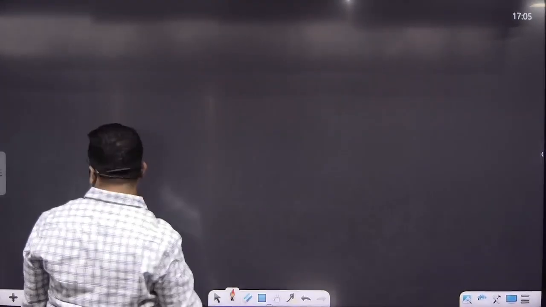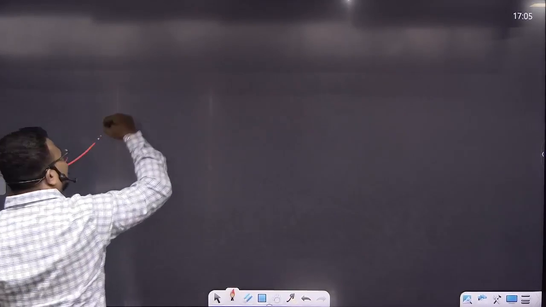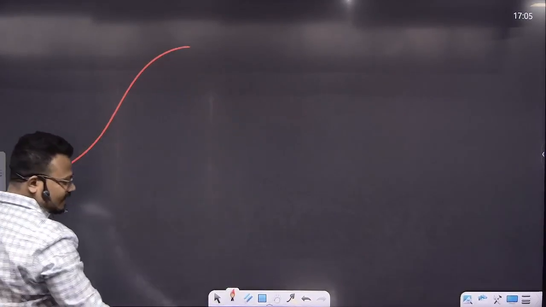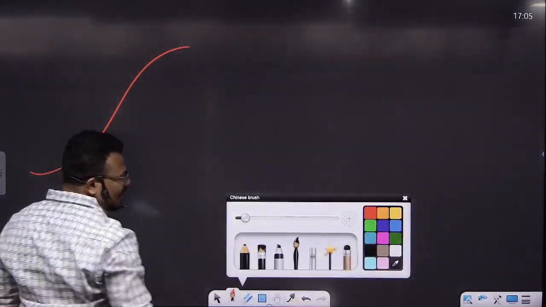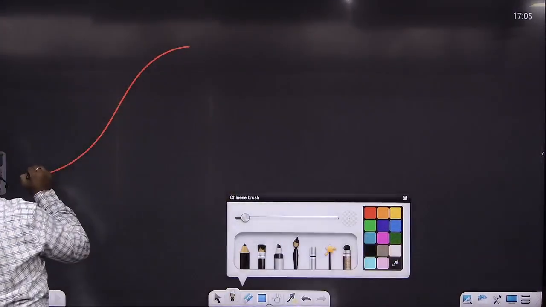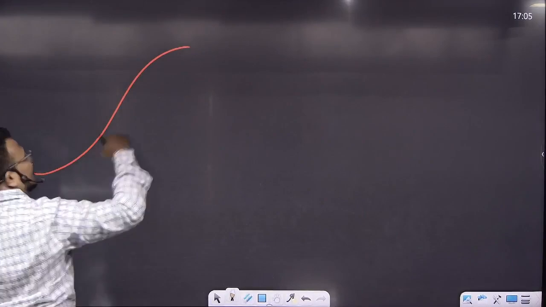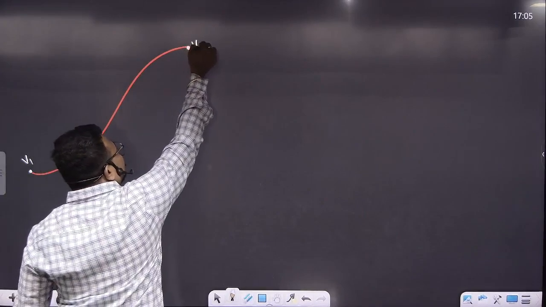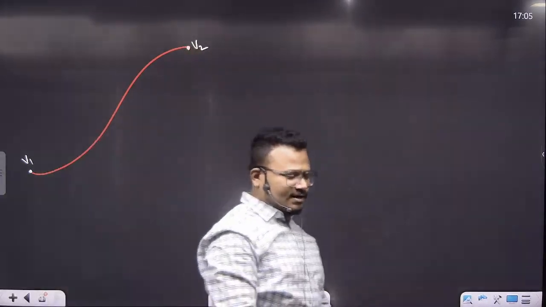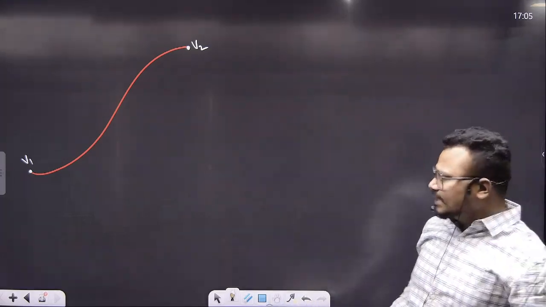Like I have taken one path, any curvilinear path like this. Here I am taking velocity v1, and here velocity v2. It is a curvilinear path, not a straight path, so every time the direction is changing.